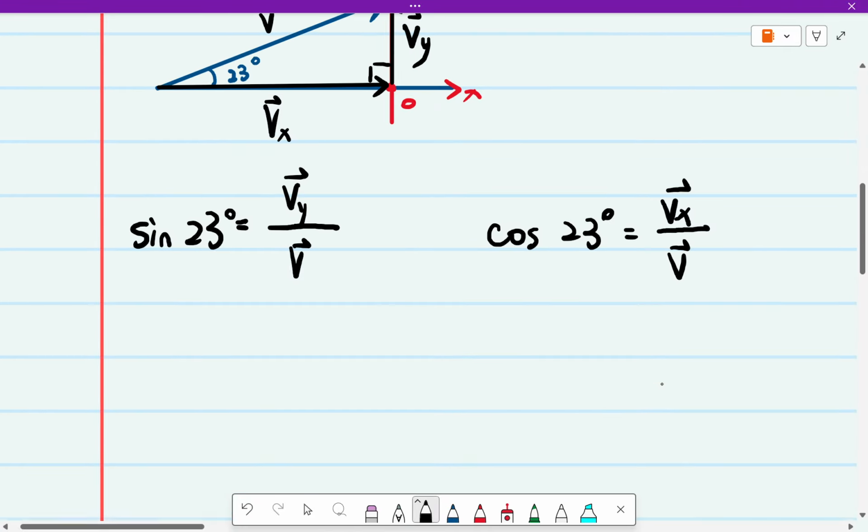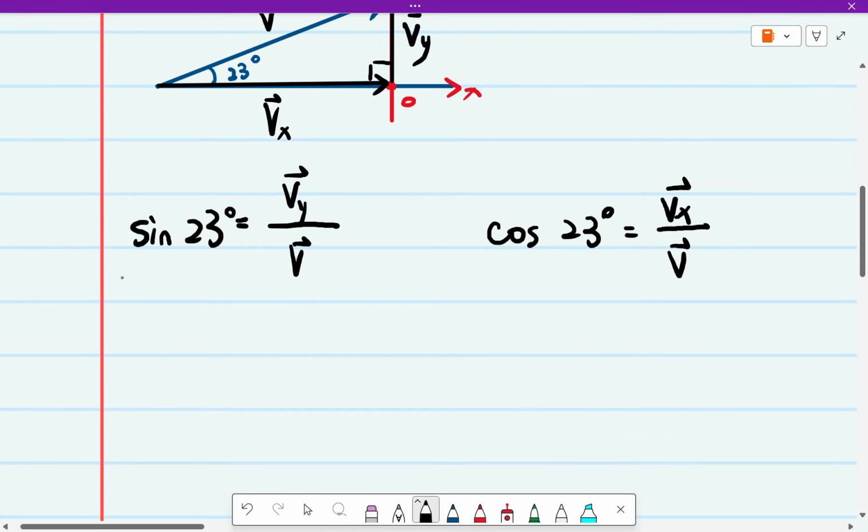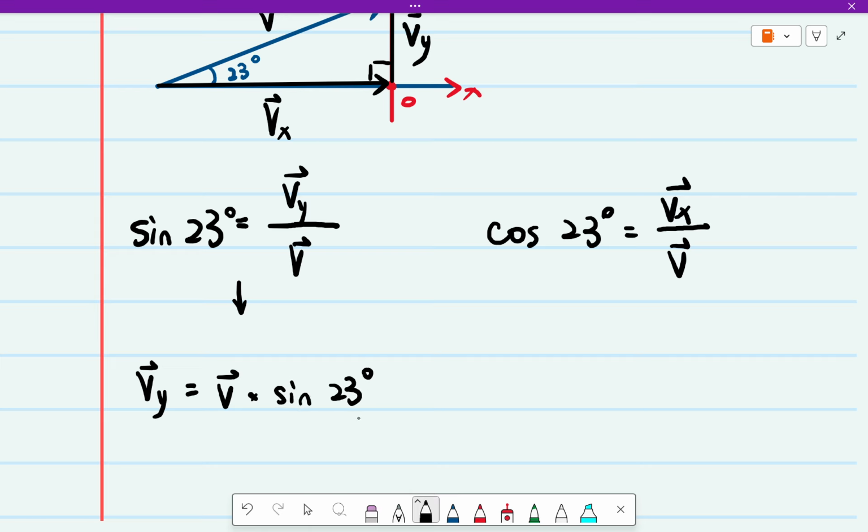Using this sine ratio right here, we can rearrange it to get Vy equal to V times sine 23 degrees. We simply multiply by V on both sides. And similarly, for this cosine ratio, we can get Vx equal to V times cosine 23 degrees.